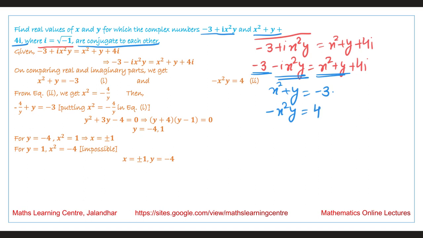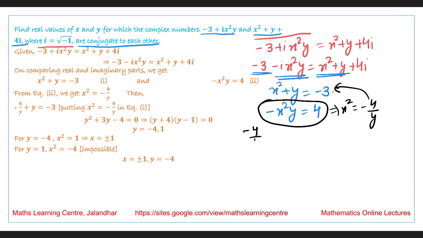From this second equation, this implies that x square is equal to minus 4 by y. When we substitute this value over here, we get minus 4 by y plus y is equal to minus 3. So this implies minus 4 plus y square is equal to minus 3y.